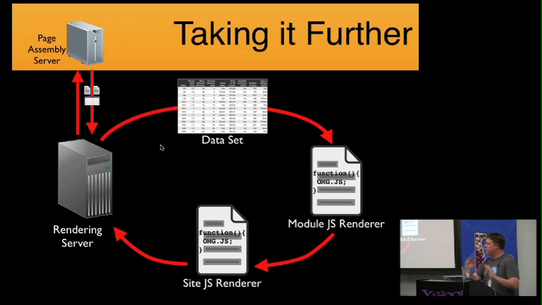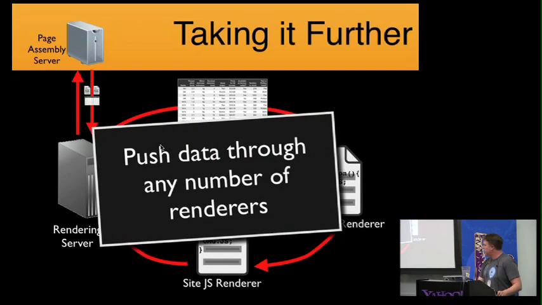So you could get these renderers from all these different sources. Once they're in the browser and they're rendered on the browser, they would be cached. Your Node renderer could also cache these things so that you only pay the cost of loading that JavaScript once. And then you could potentially push one data set through any number of these renderers. So that's one possible extension to this whole prototypal idea.